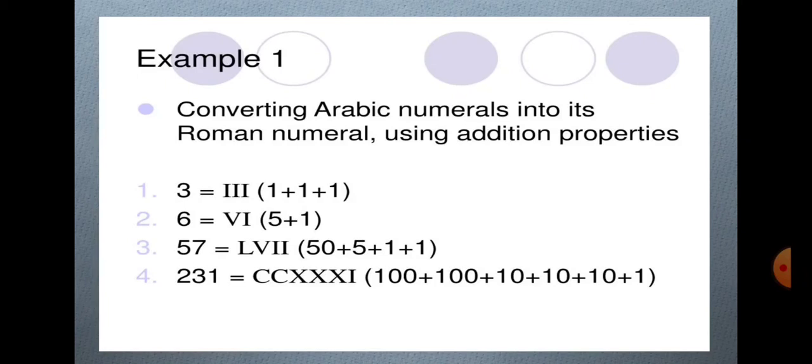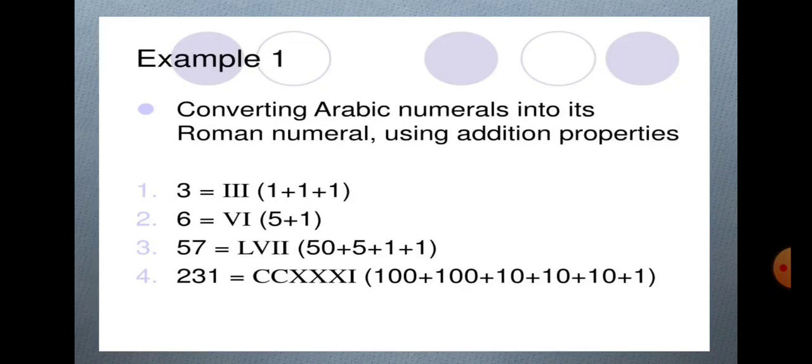That means 5 plus 1. Let's do another one. 57 is equal to LVII: 50 plus 5 plus 1 plus 1. We break 57 as 50 plus 5 plus 1 plus 1.